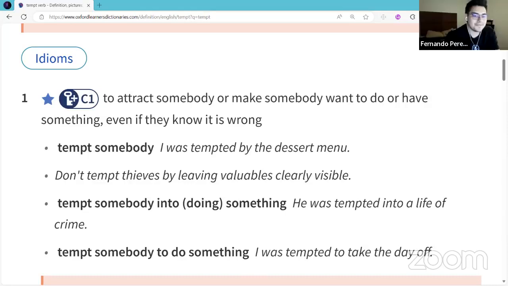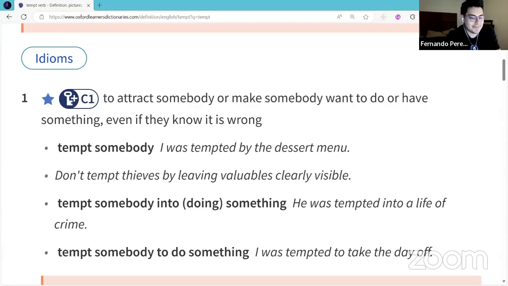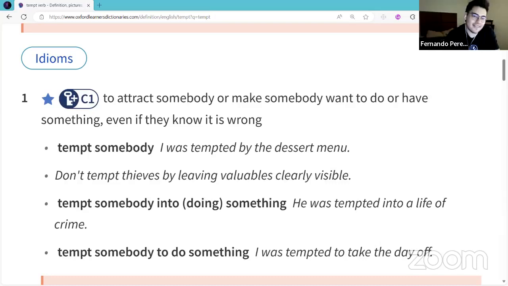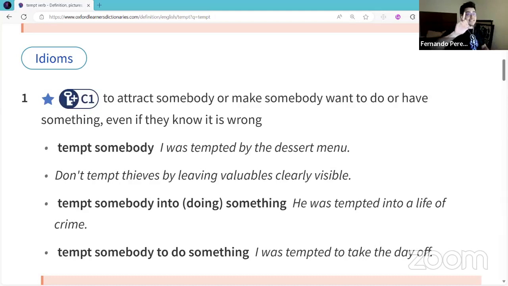Actually, the usage of the word is completely wrong because tempt is a transitive verb. So person tempt object, or object tempt person. How do you say it? Money tempts you.